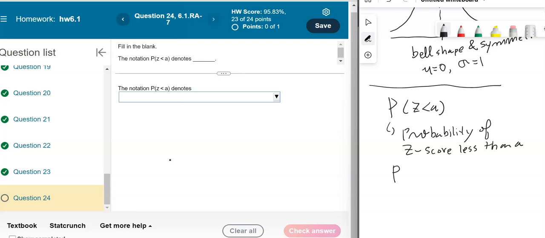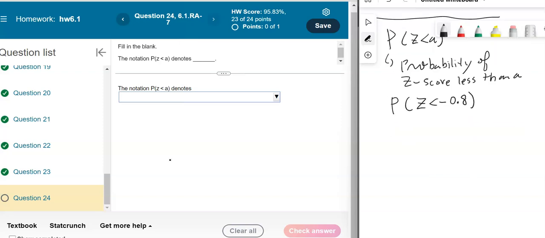So if I say P(Z) is negative 0.8, what that means is, it is negative, this is 0, so negative 0.8, Z is less.